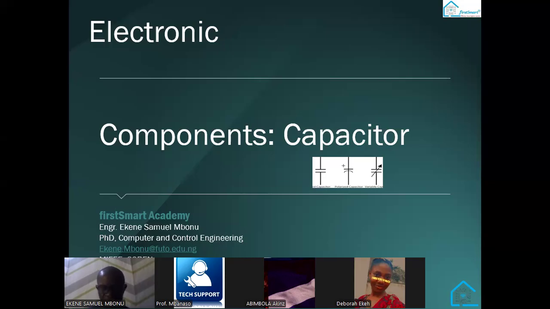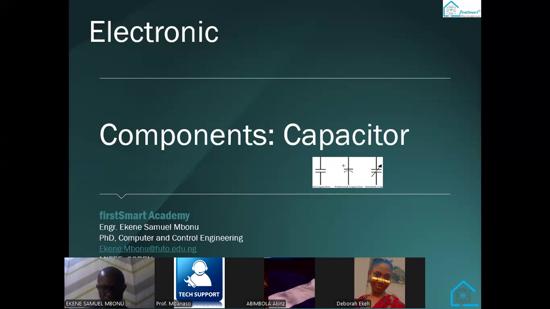You have to study in details diodes. Diodes have their categories. You have normal diode, you have Zener diode, you have LED, and the other ones. When you come to resistor, you have different types.